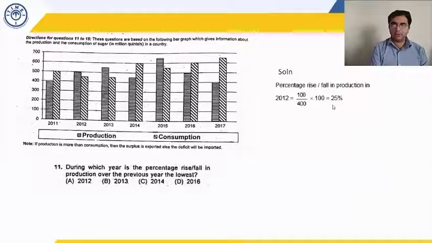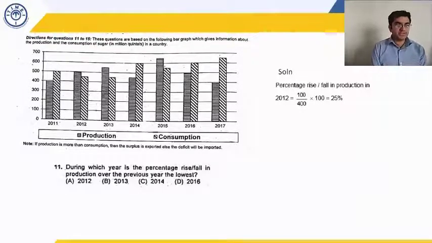And the thing to note over here is that you don't need to do this for every year. You only need to do it for the ones in the options. 11, 12, 12, 13, 13, 14, and 15, 16, and not the others. But I will still show the calculation for all of the others so that you are able to understand what we are doing.